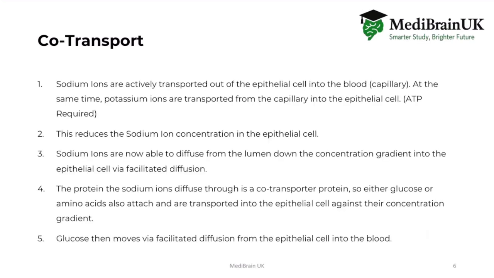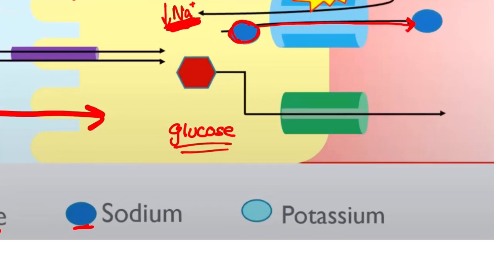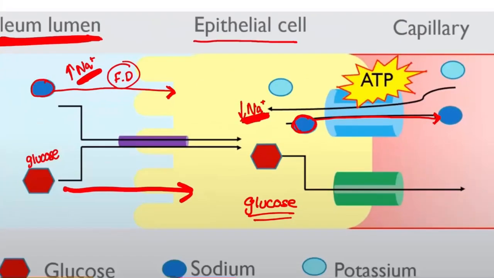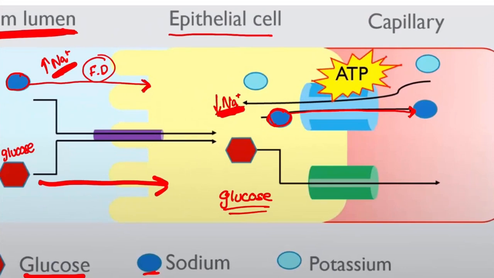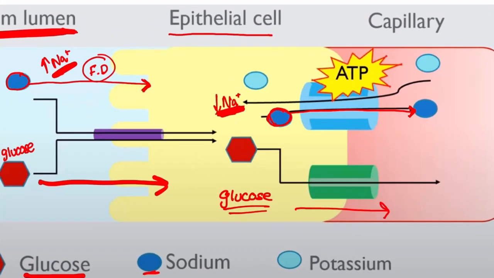And now glucose moves by facilitated diffusion from the epithelial cell into the blood. Over here, we've brought the glucose into the epithelial cell. Now the glucose can move from a high concentration in the epithelial cell to a low concentration in the capillary by facilitated diffusion.